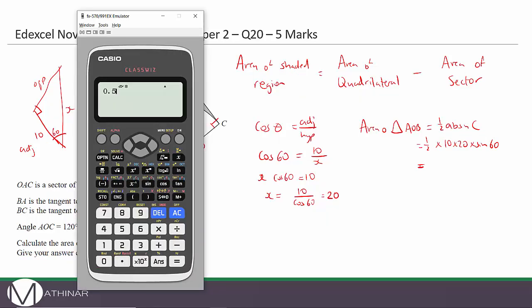So 0.5 times 10 times 20 times sin 60. So this is 50 root 3.